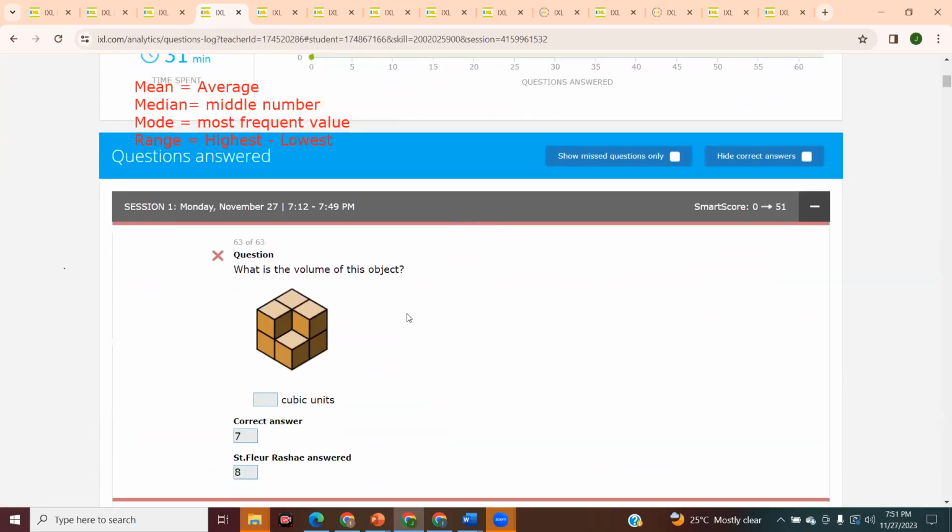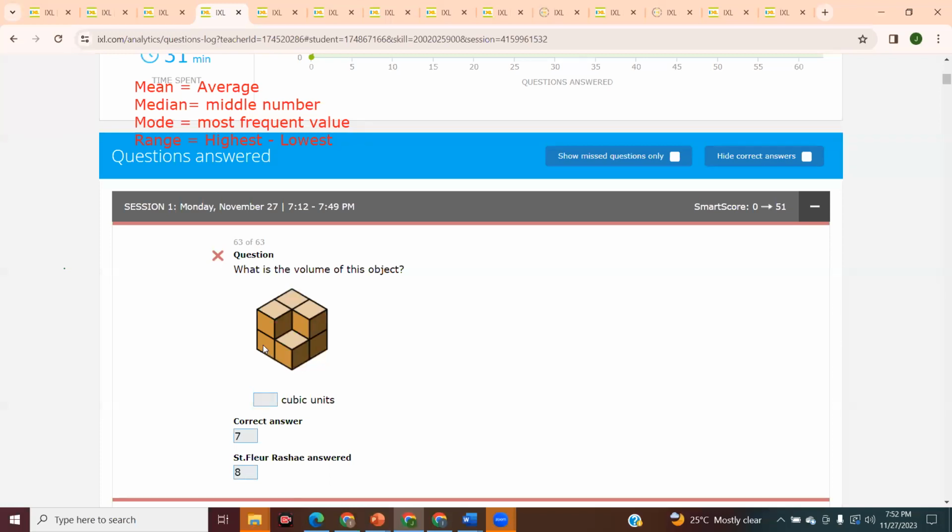Yes, sir. Rashay, why are you getting this wrong? If you look at the bottom, there's 1, 2, 3, and then 1 on the back, which makes it 4 at the bottom. And then there's 1, 2, 3 at the top. That's why it's 7, not 8. You understand that?